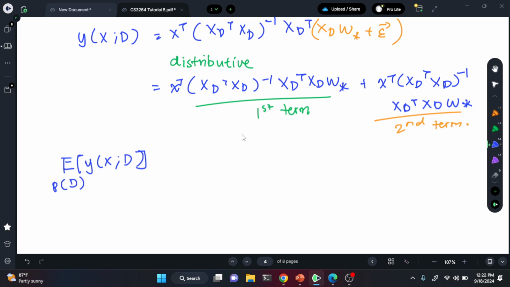We want to take the expectation of these regressors when I regress them along different data sets. I want to regress them with different samples, then find the average over all the samples. That's why my expectation is with respect to the data set D. This is my yx, which is, for all the y's that I have, the average y over all the samples. So for simplicity, I'll skip the PD here. Basically, this is the expectation of the first term.